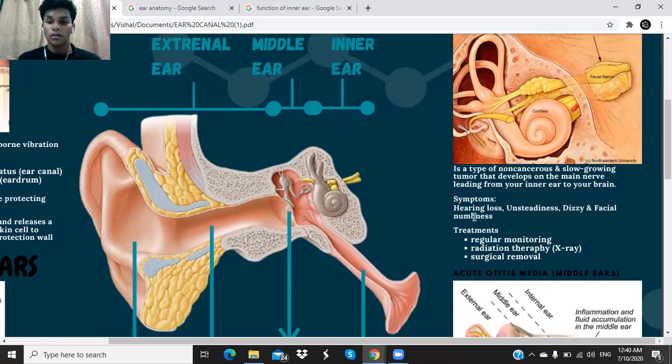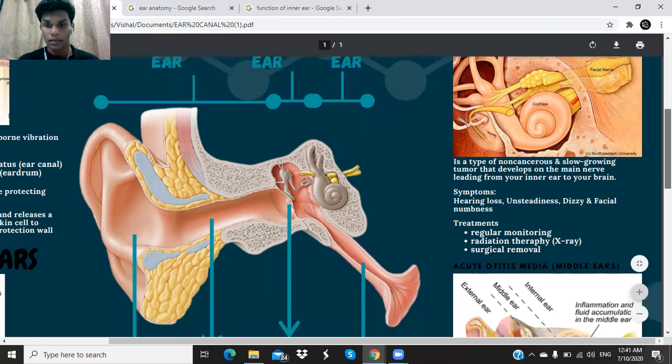The treatment for this disease is regular monitoring, radiation therapy with the use of X-rays to kill the growth, and also surgical removal.